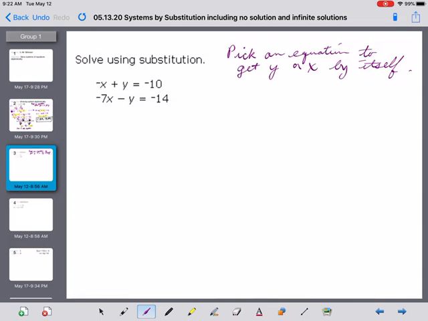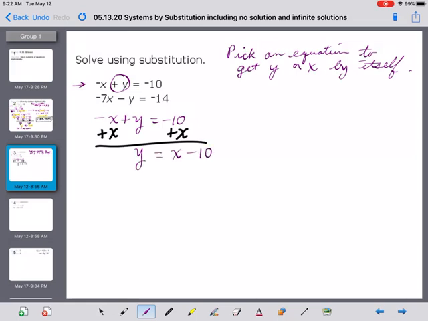But you could, so let's see, you can pick either one, but look, this first one looks easier because you have a 1 coefficient with the y. So I'm going to rewrite it down here. And let's get the y by itself. So add x to both sides. So you get 0 plus y, or just y, equals x plus negative 10, or x minus 10.